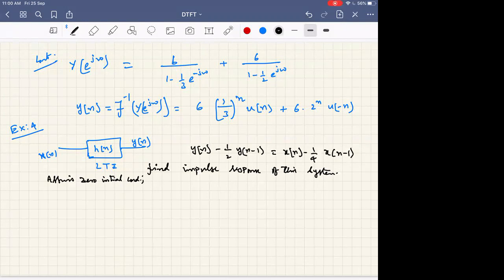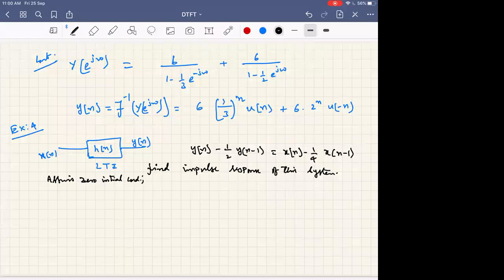No answer? I do not remember all your names. So Harish, you are there? Yes, sir, I'm there. Can you tell how to find the impulse response of the system? Finding the frequency response and the inverse Fourier transform of it, sir.